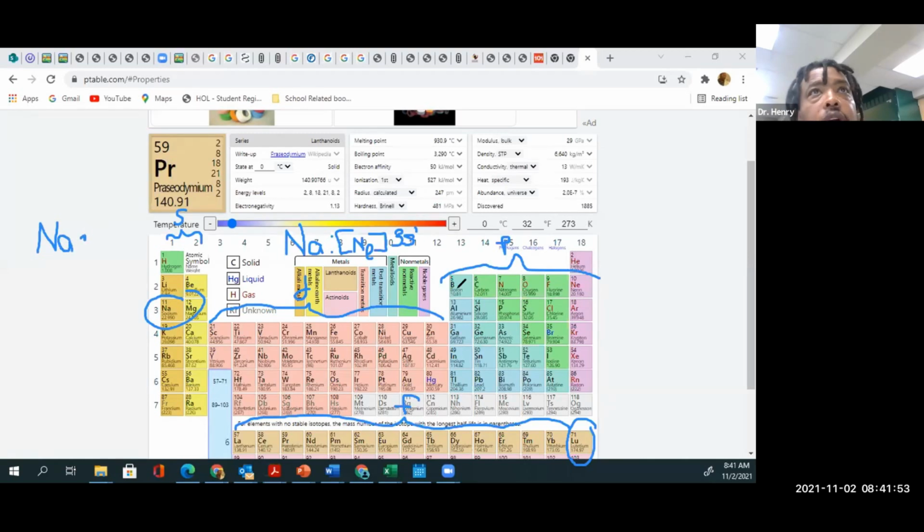Okay. Now, if we look at oxygen, the electron configuration for oxygen is O, and then we'd have our core, which in this case would be helium.